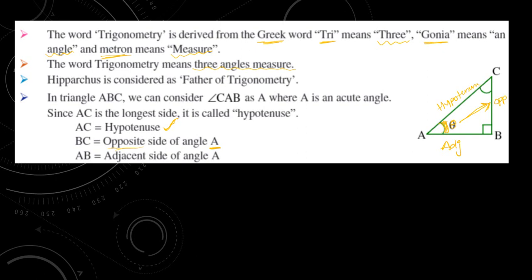Here the opposite side and adjacent side depend on the angle. Without this angle we cannot say which one is the opposite side and which one is the adjacent side. So while changing the angle, we are going to have a change in the opposite and adjacent sides, right?